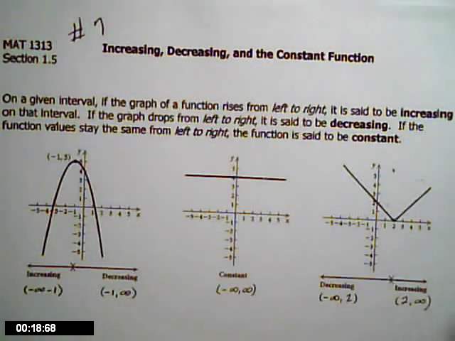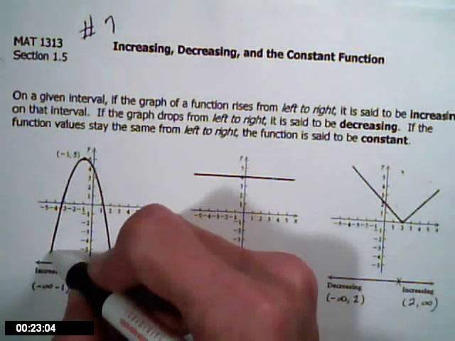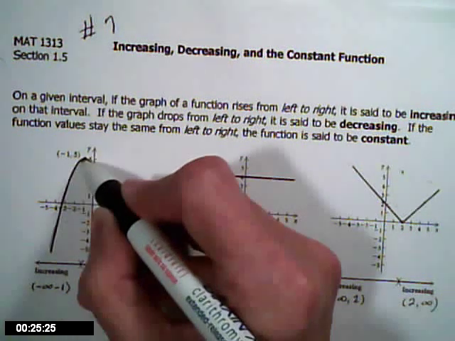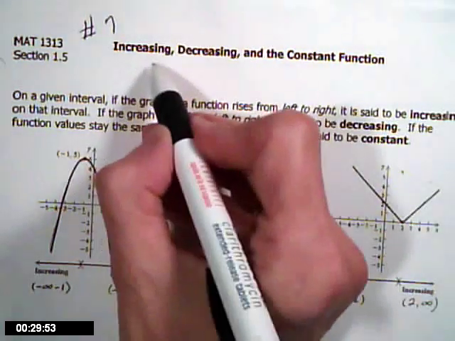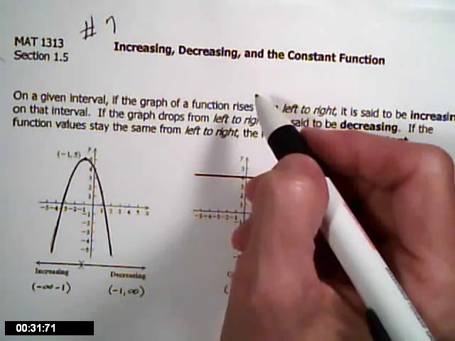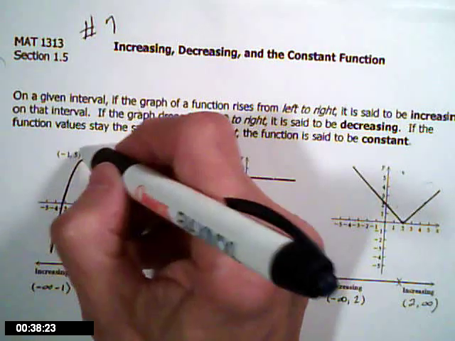We read these graphs from left to right. If you look at this parabola, this function is increasing and then decreasing. Now you're going to find that every time we talk about increasing or decreasing intervals, we're talking about intervals of x. Do not think y. Intervals of x.